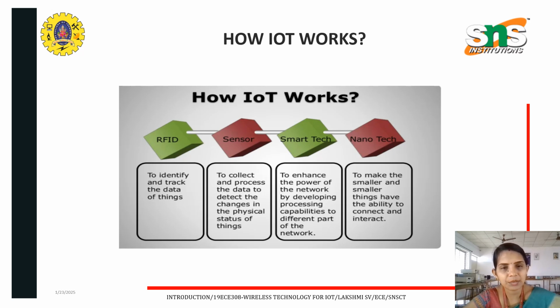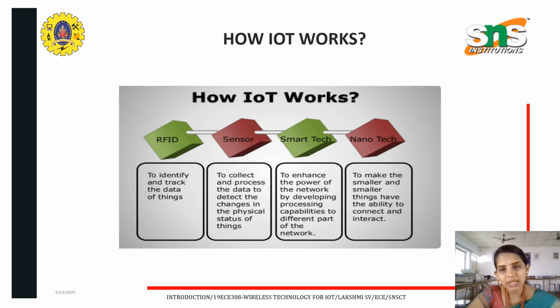Let us take an example here: RFID, sensor, smart tech, nanotech. To identify and track things, we use radio frequency identification. The sensor is mainly used to collect and process data to detect changes in the physical status of things. Smart technology enhances the power of the network by developing processing capabilities in different parts of the network.